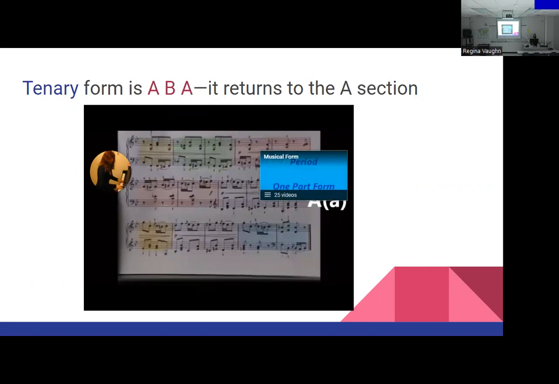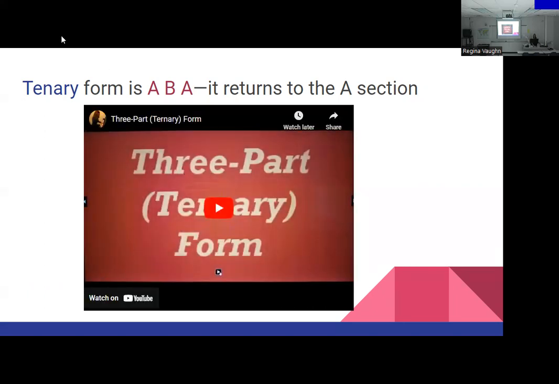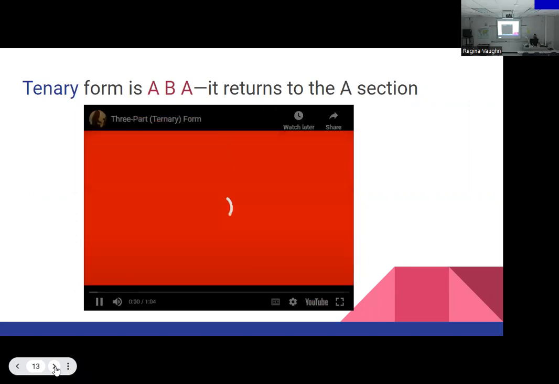You heard the beginning. They had just a little extra curlicue there on the end. So ternary, sorry, there should be an R right here. I did not proofread. Ternary form is A, B, A. It's going to return to the material from the beginning of the song at the end again.